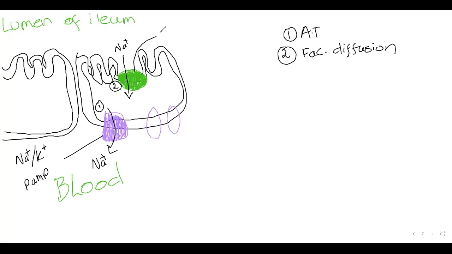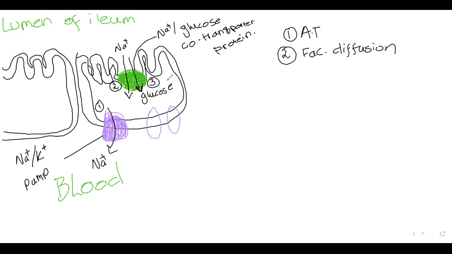So this is the sodium glucose co-transporter protein. Number 3, the co-transporter then carries glucose into the cell with the sodium. So let's pop that there. I'm just going to write glucose underneath it because I haven't got as much space above.